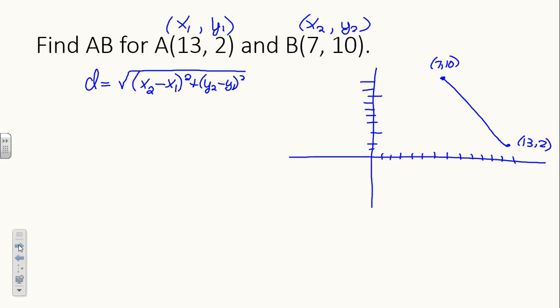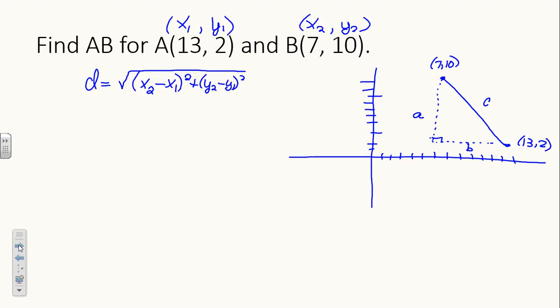And we can't count diagonally. We can always count horizontally or vertically, but we can't count diagonally. Okay? So if we're using Pythagorean's theorem, we would drop this perpendicular to get this right angle, right? And we want to find C, and this would be our A and B, or B and A, doesn't matter.